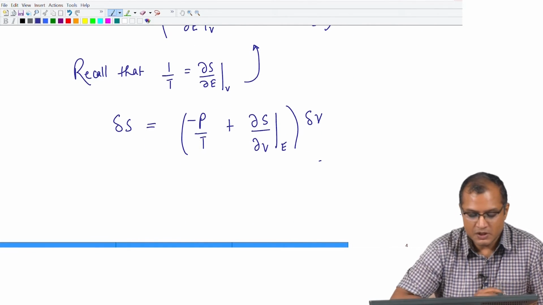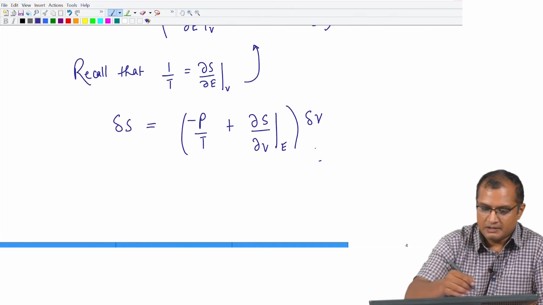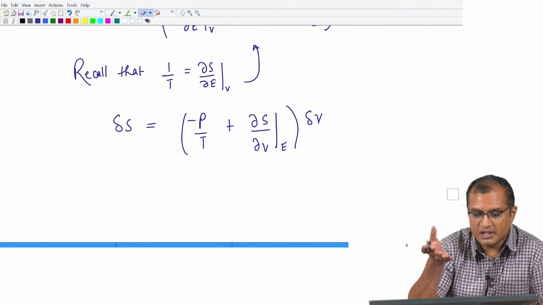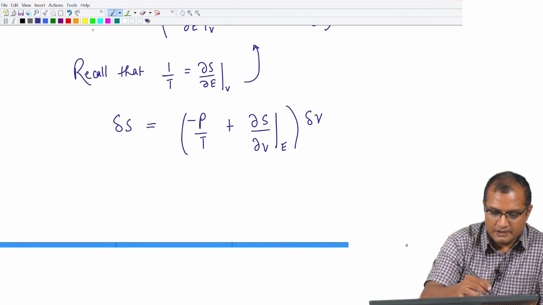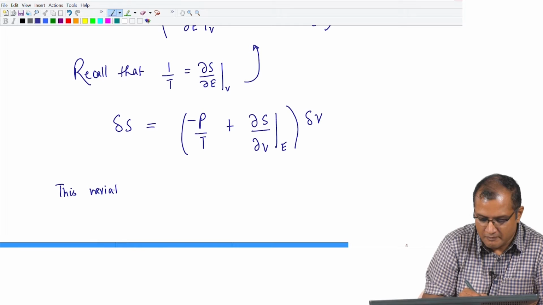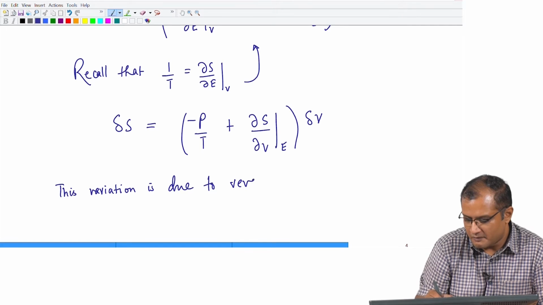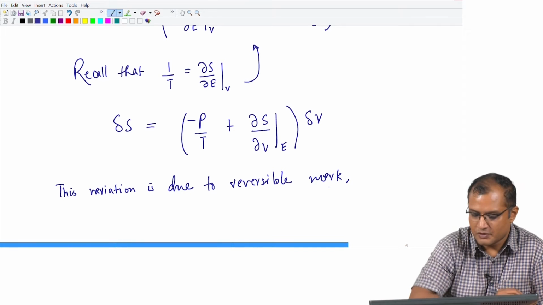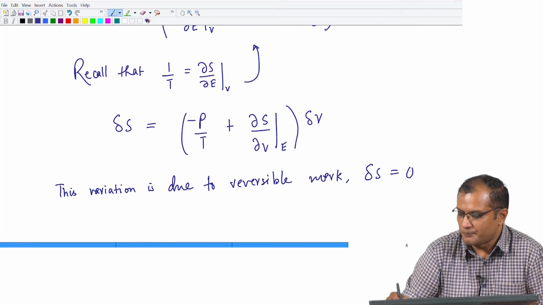Now, this is a variation in the entropy that is done very slowly, so that I am always at equilibrium, because if you remember, this variation is due to reversible work, which means I am always at equilibrium. So, delta S must be 0.